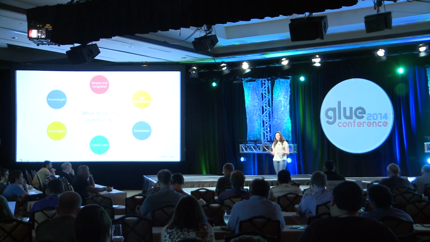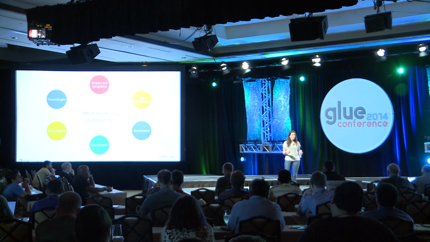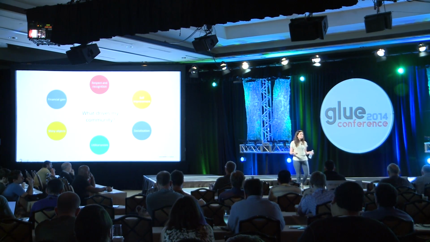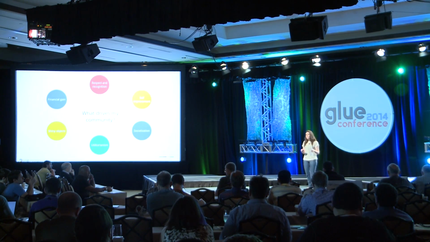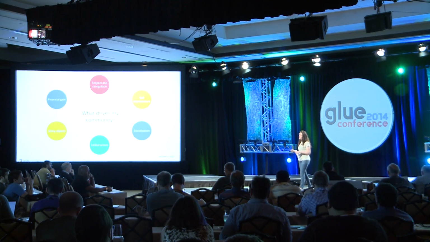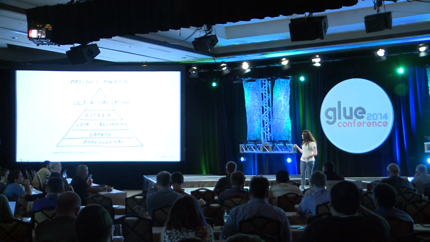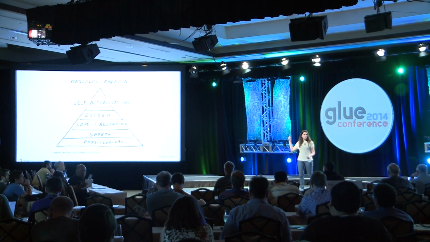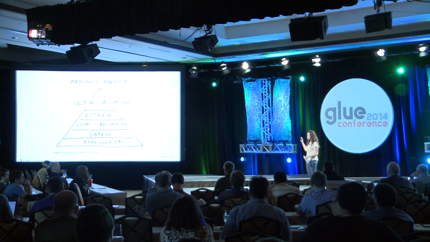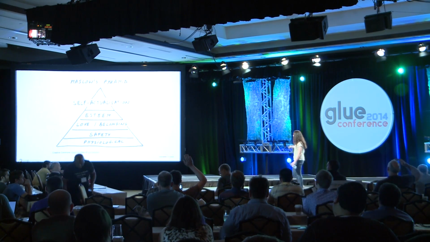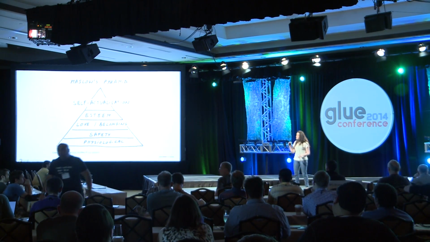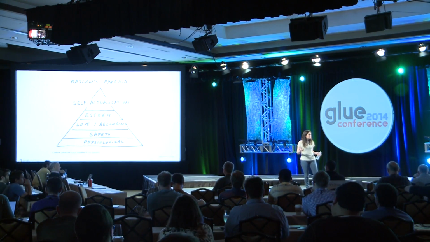But I was wondering, can we actually think about what makes a good developer experience by moving past the needs and looking towards the resources? So who here is familiar with Maslow's hierarchy of needs? This may look familiar. It's different layers of what we need to be self-actualized human beings, right? You start with the physiological, food, water, et cetera.